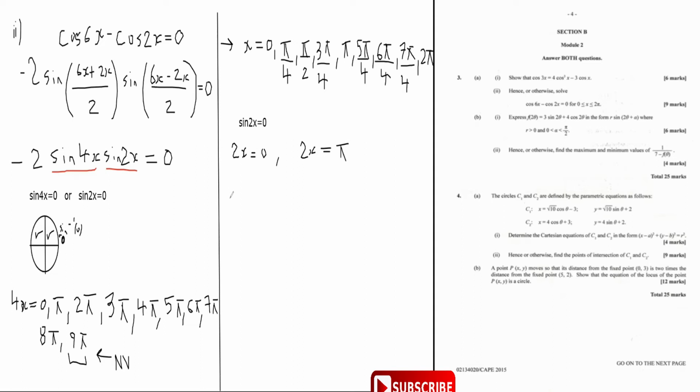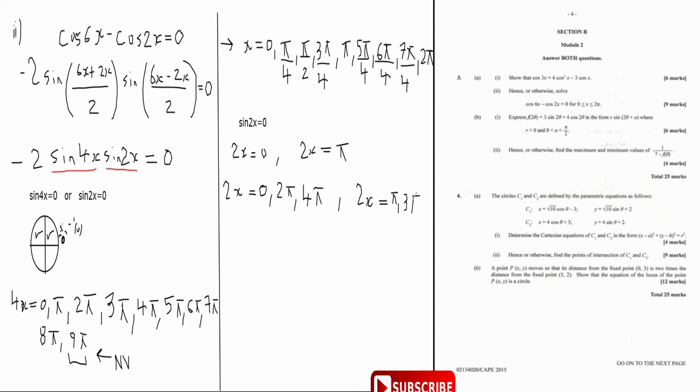We get 2x equal to 0 plus 2 pi, which is 2 pi. Go around one more time to get 4 pi, and then we stop there. From the pi side, going around one more time, the next thing you're going to have is 3 pi.